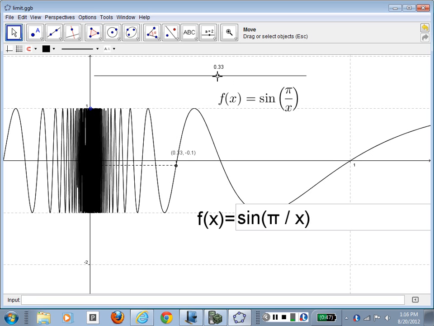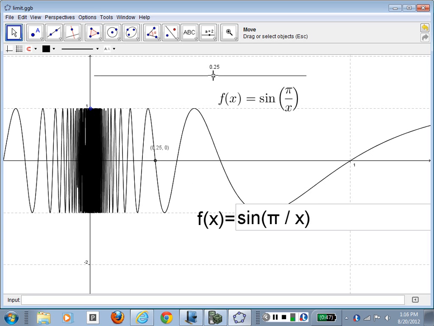What do we have here? That's supposed to be about 1/3 there. So pi divided by 1/3 is 3 pi. So sine of 3 pi is equal to 0. And evidently this is about 1/4. See the 0.25 there? Yeah, close enough.